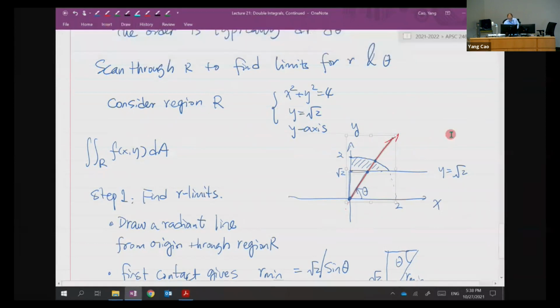So basically, you're going to rotate from this side to this side.